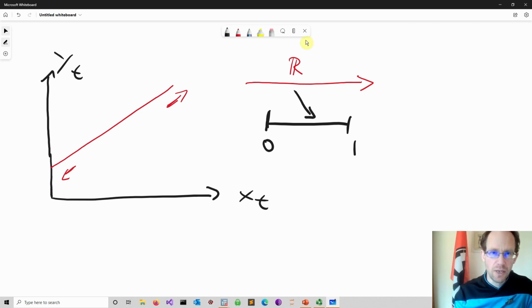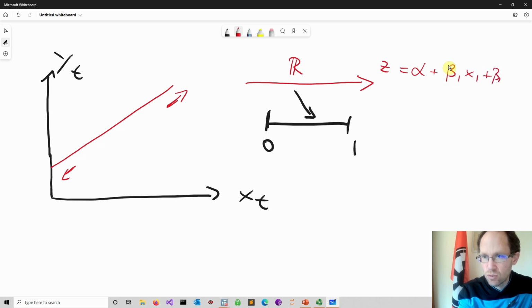Now, in terms of notation, we just denote our linear model as Z, and you can imagine Z being something like a constant term, and then you might have several independent variables, another beta 2, x2, and so on. Yes, this is our standard linear model.